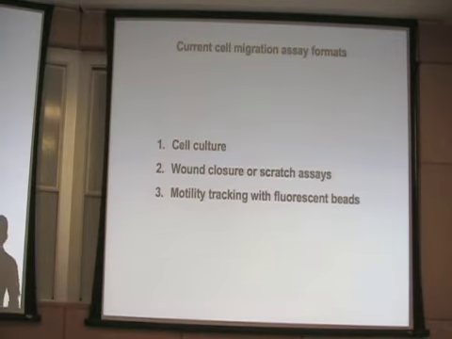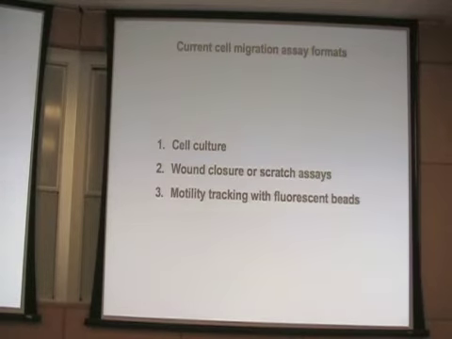To study cell migration, today there are actually three common ways. The first and the classical one is the cell culture, where you have a cell culture vessel, grow your cells, and then monitor the process of cell migration for a certain time period. Then you have the wound closure or scratch assays that you can use to study cell migration.